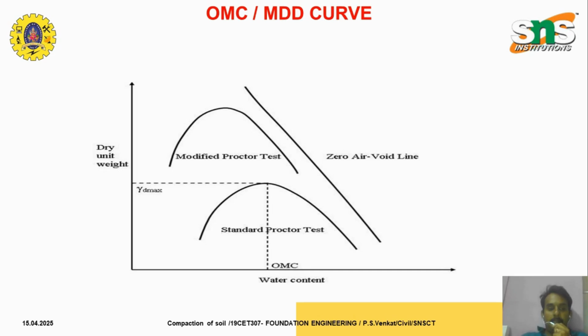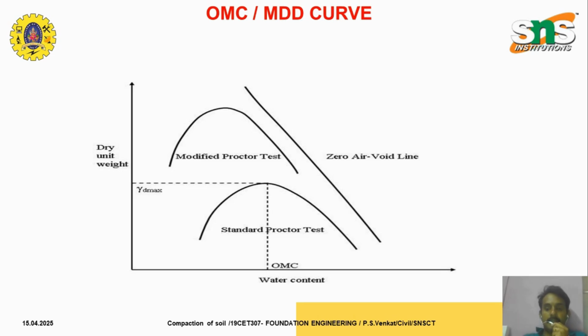So why does optimum moisture content exist? At lower moisture content, there is not enough lubrication between the soil particles, so lesser density is achieved. If we increase the moisture content, the density of the soil also increases up to a certain limit, that is the peak value at optimum moisture content, and after that it gradually decreases.